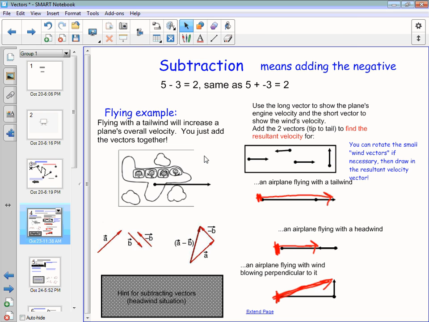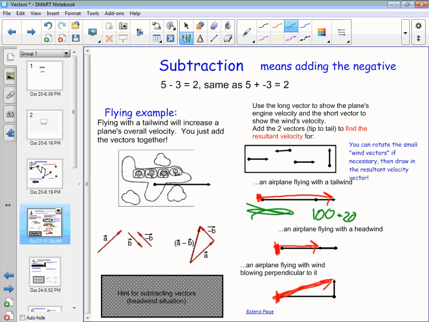That was this guy right up here. This one would be like saying 100 minus 20, but because we cannot simply go tail to tail, what we're really saying is 100 plus negative 20. Okay? How did I do this one? Or how would I do this guy here?